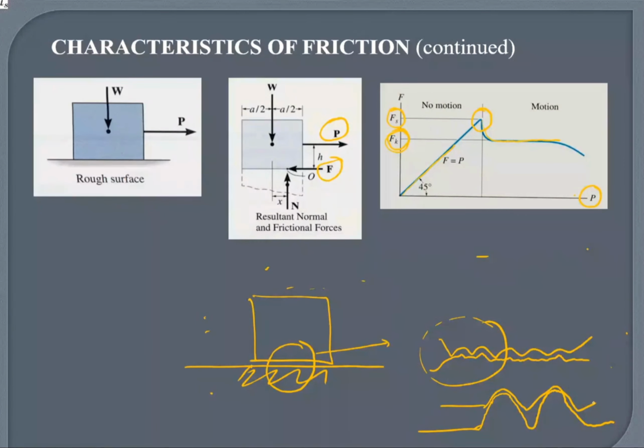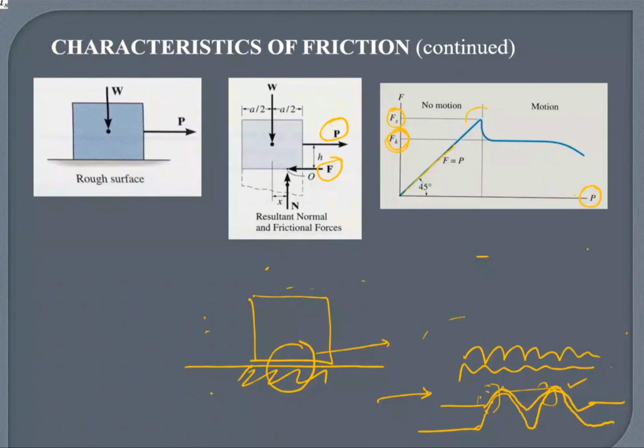So you can well imagine they are locked. When you apply more and more force on the box, they are locked at these points. Once it lifts and starts moving, it hops over those asperities. And therefore, you see a maximum friction force.